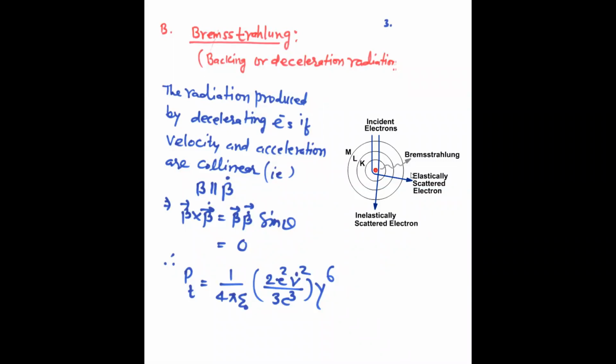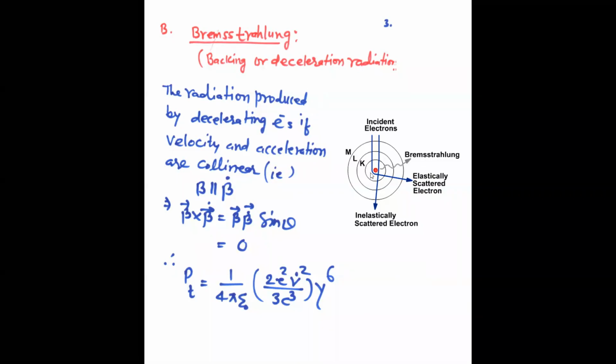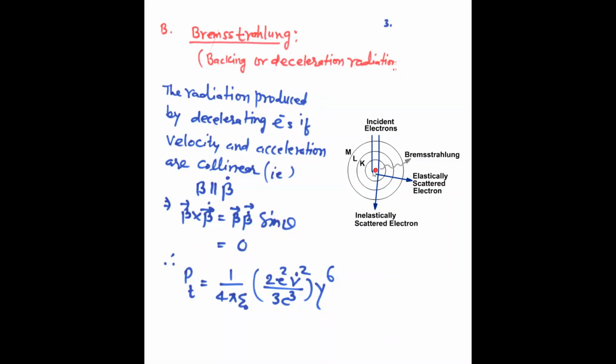Suppose the charged particle is coming towards this direction. When this particle interacts with this atom, there will be some deceleration here. So the directions of v and v dot, that is velocity and acceleration, are always parallel here, that is collinear.